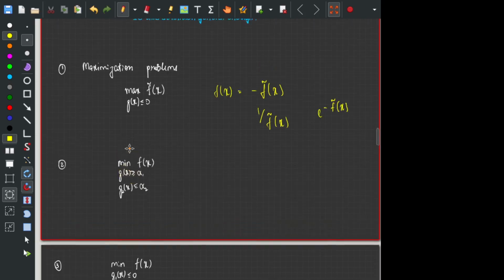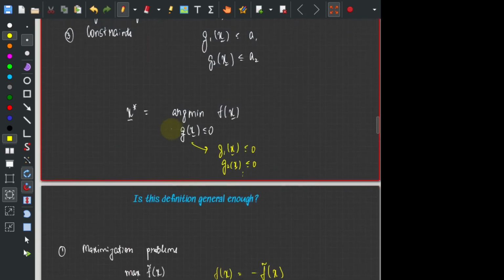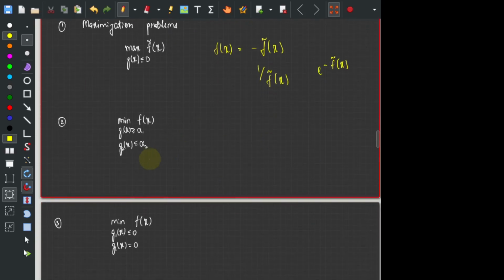Remember that my original problem was minimization of a particular function f of x subject to constraints that g1 of x is less than or equal to 0, g2 of x is less than or equal to 0, and so on. Can I pose this particular problem in that standard form that I have?